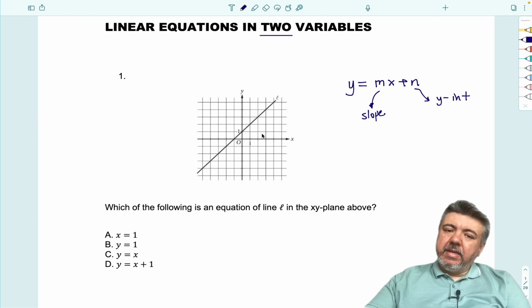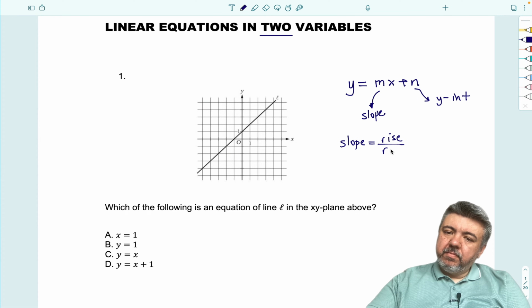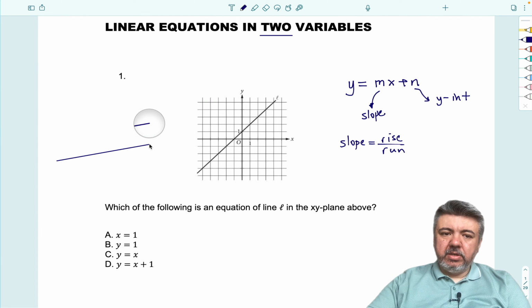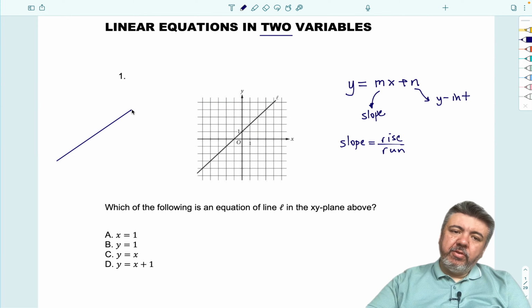A slope is something like we can call rise over run. For example, this is a line with a higher slope. The slope reduces when I do this. So, rise over run, I mean this. This is the rise, and this is the run.